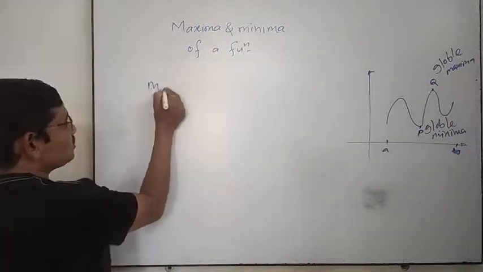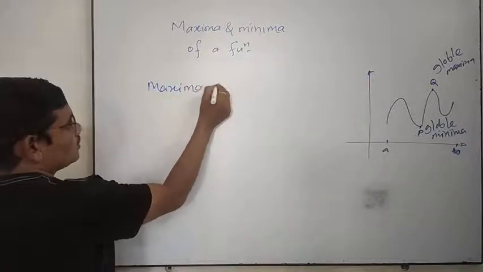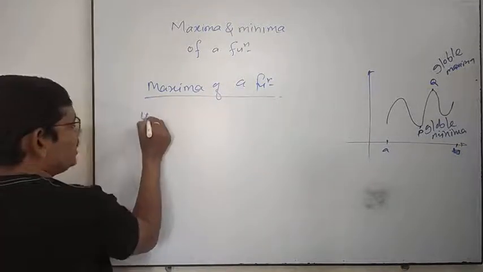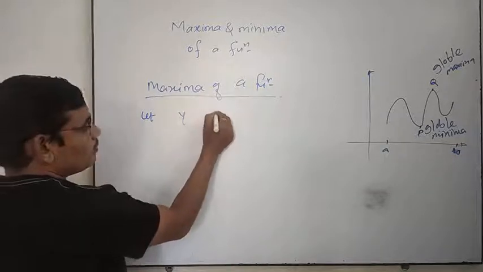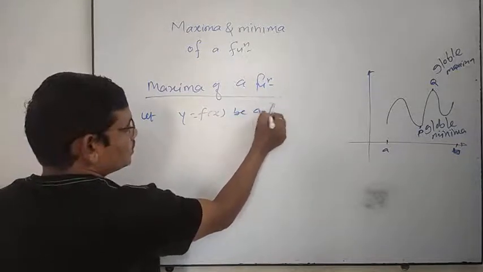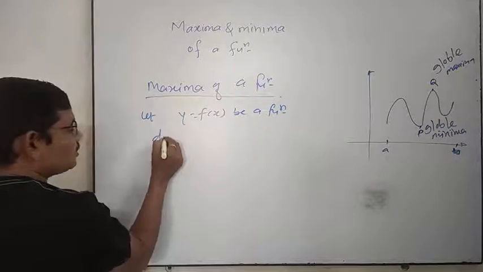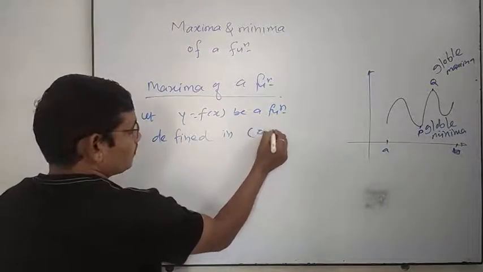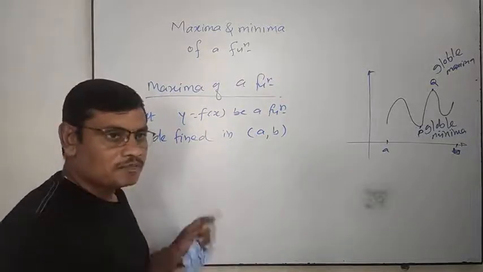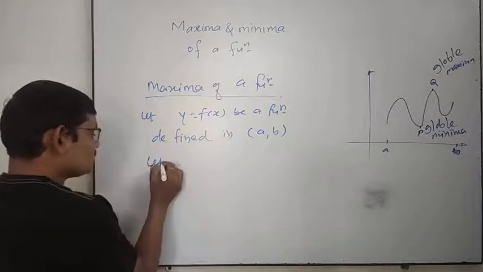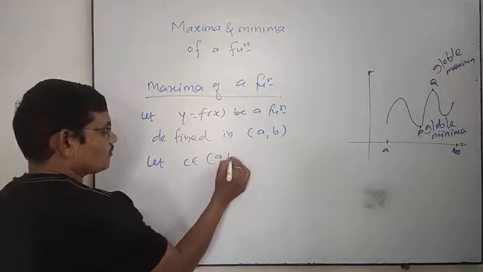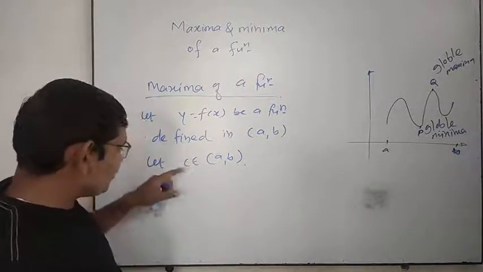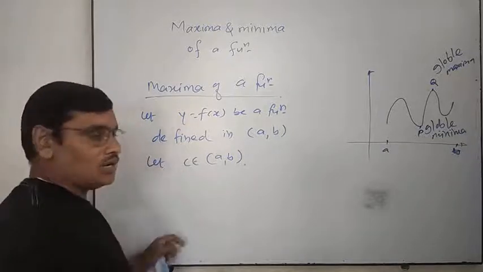Maxima of a function. So we let y is equal to f of x be a function defined in the interval AB. Okay. And we let C belongs to AB. Then we say that this function is maximum at point C if there is a condition.